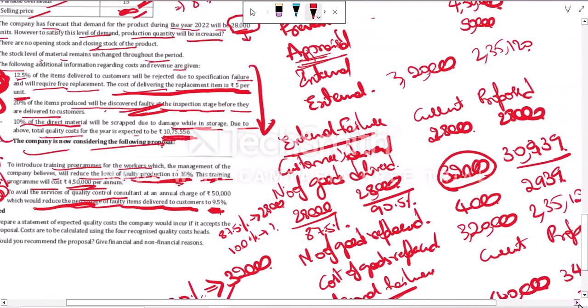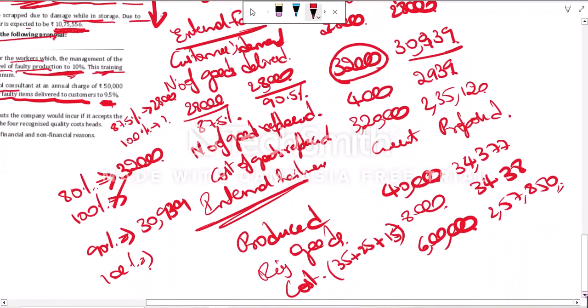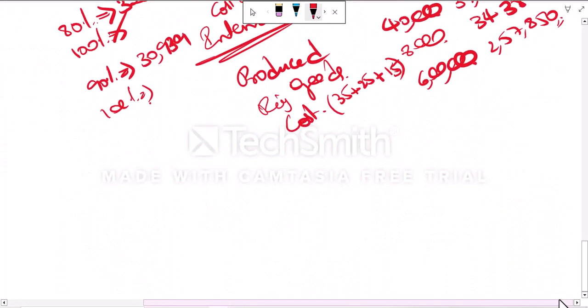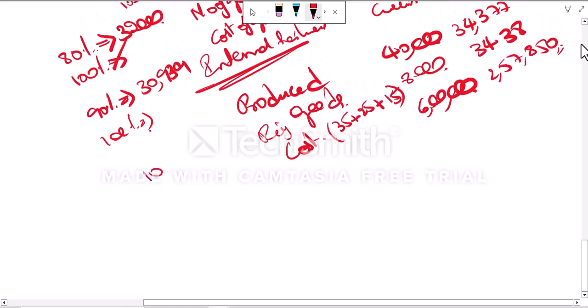Scrap is the internal failure cost, no? 10% is scrapped, means how much is actually produced? 40,000. So 40,000 is related to only 90%.